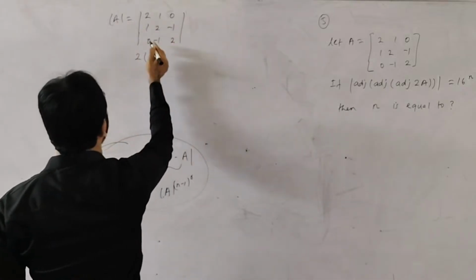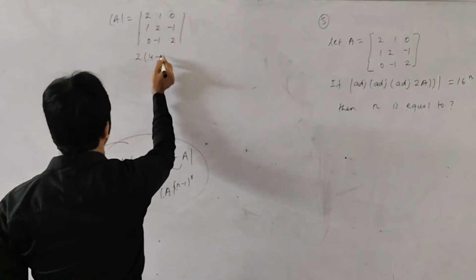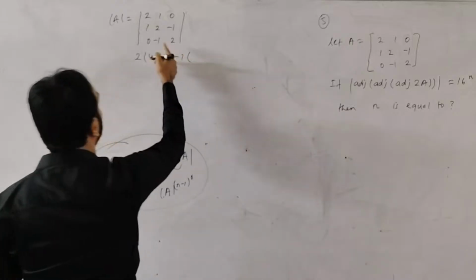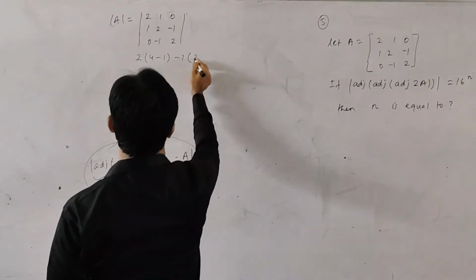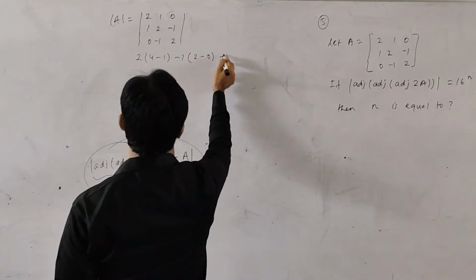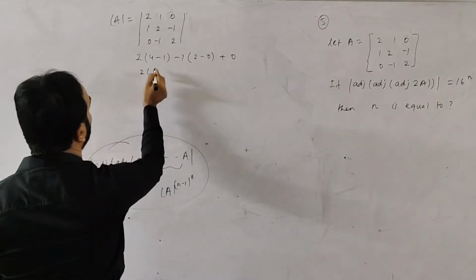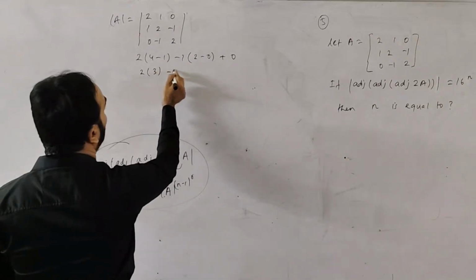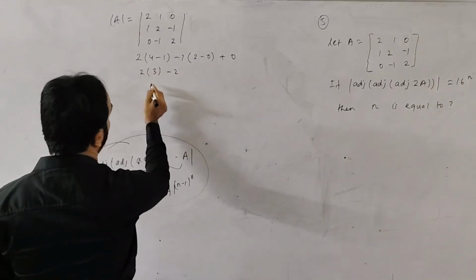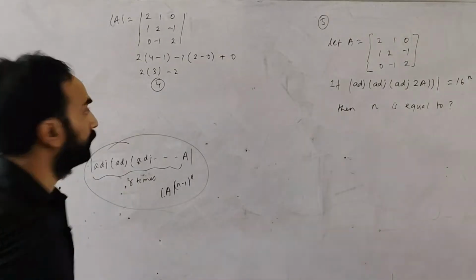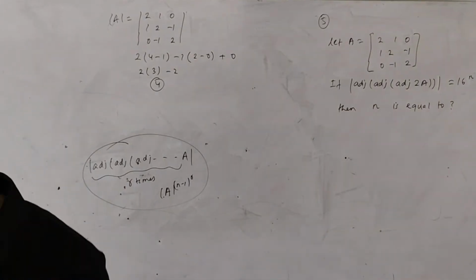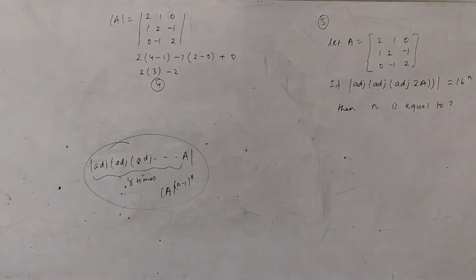So this will be 2 into 4, minus 1 into minus 1, and this is 2, minus 0, and this is plus 0. Correct. So how much is coming? 2 into 3 and minus 2. So 4, right? So det is coming as 4.